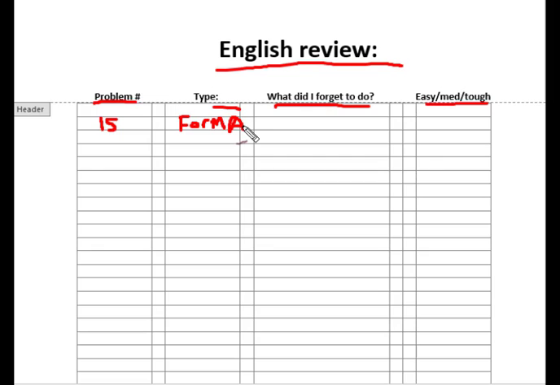Okay, so I didn't look at the topic sentences in the title. I didn't go ahead and read a little bit further. Try and write something down here in this area that will help you understand what you need to do. When you're done doing that, label easy, medium, and tough. It's important for you to understand exactly what you're getting wrong. At the end, you can look at your review sheet and see how many problems you're getting wrong in each section.